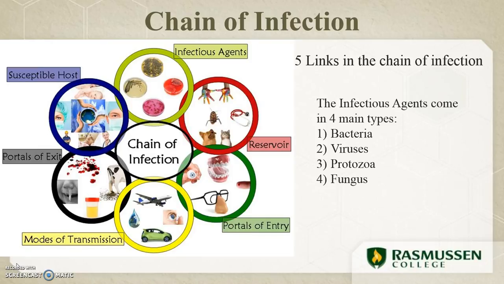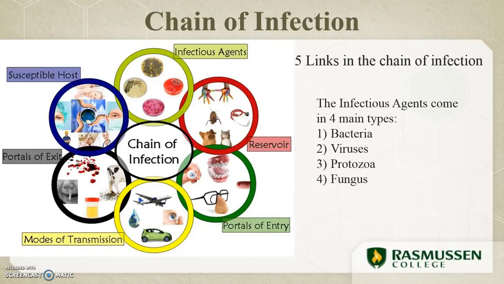In the chain of infection, the first one that we have to deal with is the reservoir host. And a reservoir host is really the beginning. This is where the host is infected with some sort of microorganism. Your host can be human, or it could be an animal of sorts. It does not necessarily always have to be human.